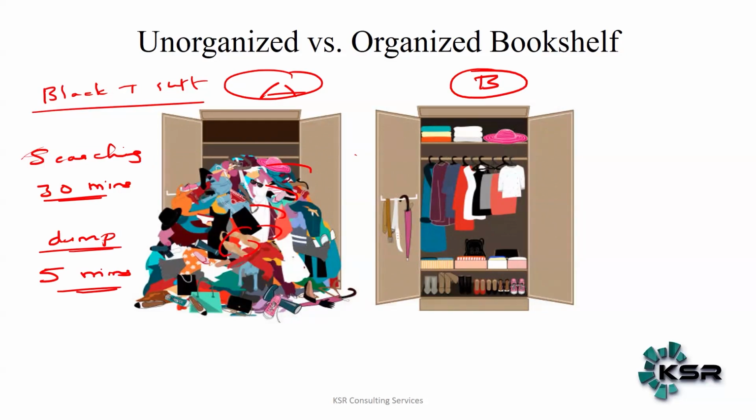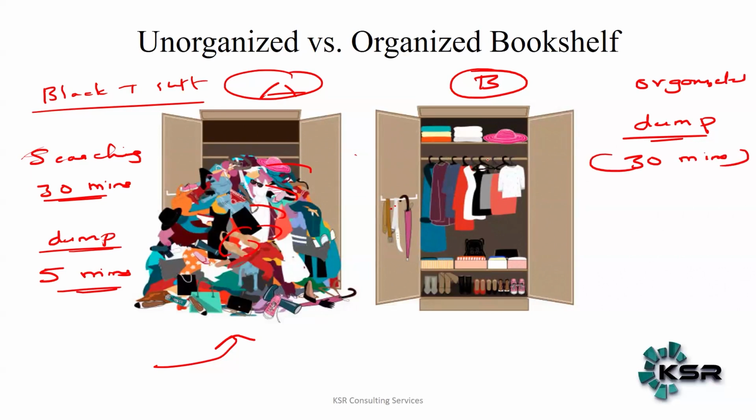Why? Because everything is disturbed. Everything is mixed up. All my formals, casuals, nightwears, everything is mixed up. So if I want to pick one shirt, I may get it in 5 minutes, but the worst time is I have to search for 30 minutes. But to dump that again into my cupboard, I'll take only 5 minutes, right? But here, for dumping, where the things are going to be organized, you'll take 30 minutes.